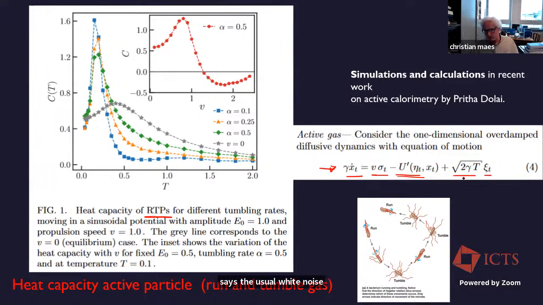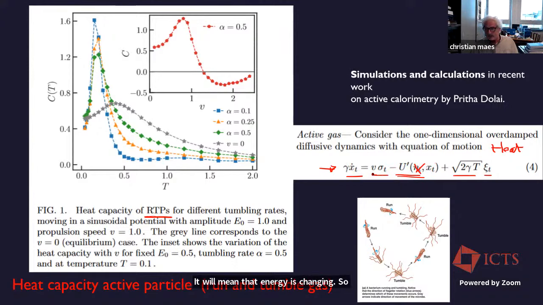Now, from such an equation, via a condition which is similar to local detail balance, you can go to the notion of heat. The notion of heat basically is just because the position is changing, it will mean that the energy is changing.